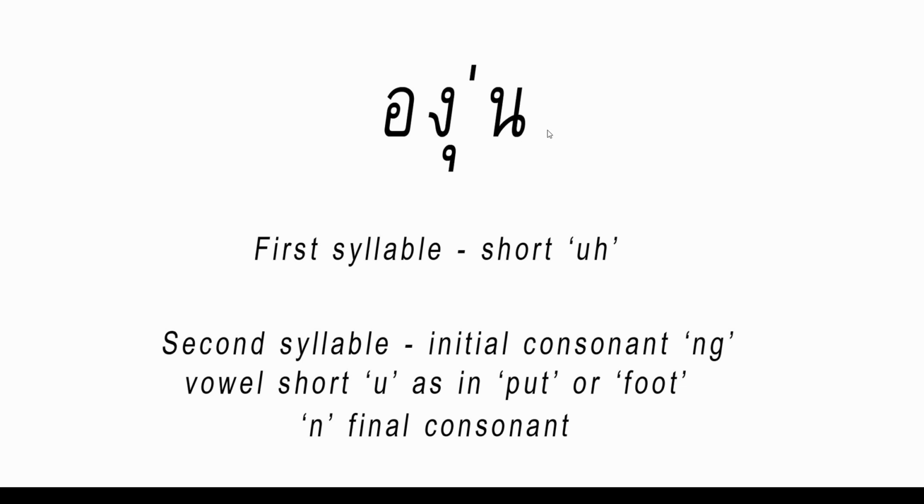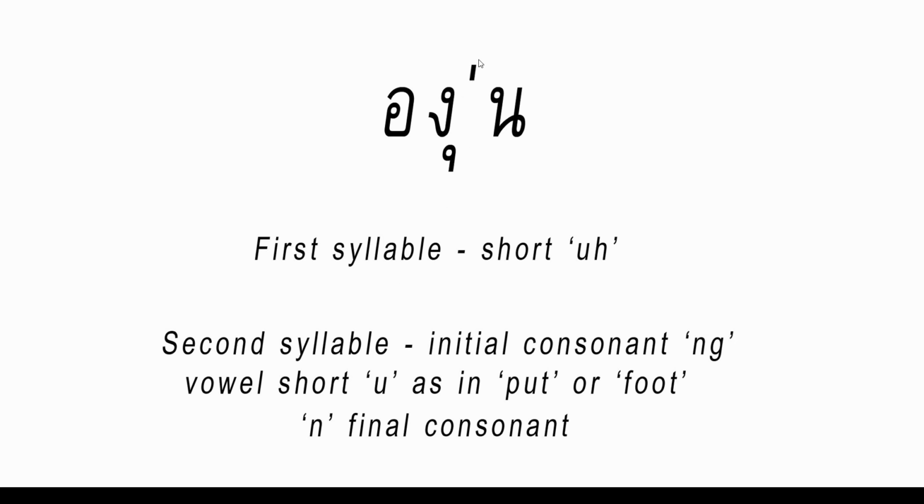And our final consonant is just a plain N, and the vowel, which is written below the initial consonant, is a very short U. It's like the U in put or foot. So the word is Angon, and we have a tone mark as well.